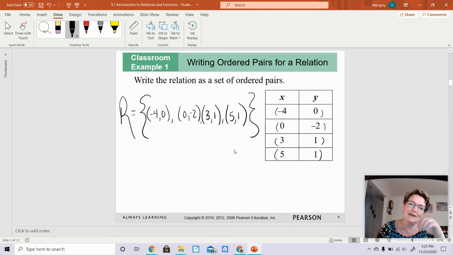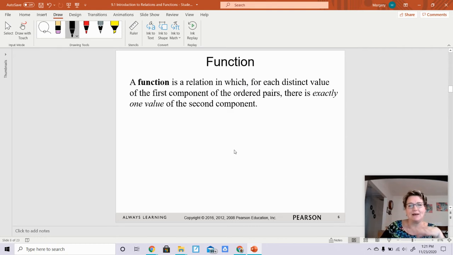There is something else that we have to talk about: whether they're functions or not. This is the best way I can explain it. I want you to read this definition of a function, but I'm going to make it easier for you. Basically, if something is a function, the X values cannot repeat.